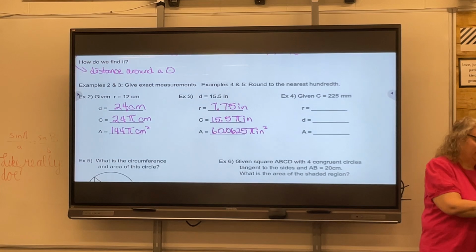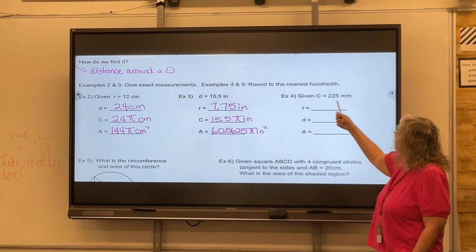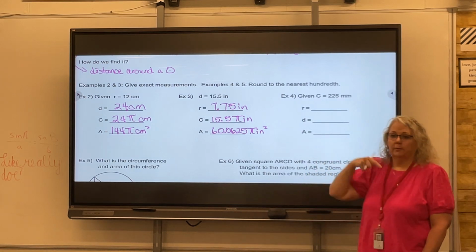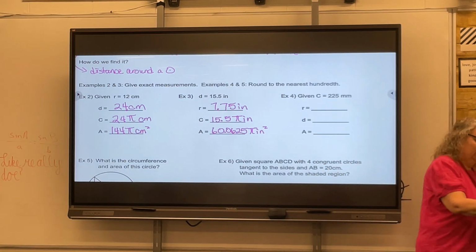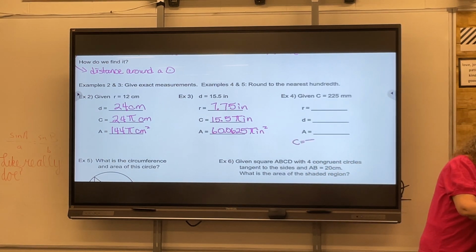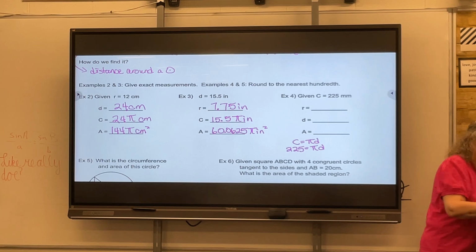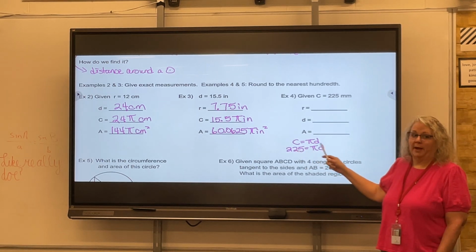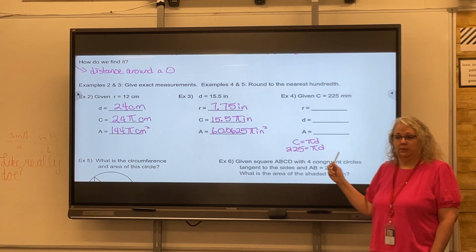Alright, next one. If the circumference is 225 millimeters, let's go the other way. We're given the circumference and want the radius. Circumference equals pi times diameter, so 225 equals pi times diameter. How do I find the diameter?